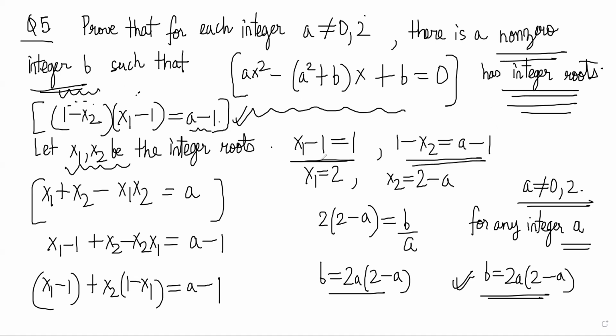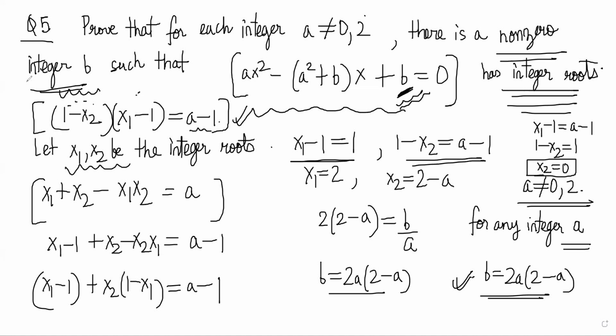But in that case, 1 minus x2 is 1 would give us x2 is 0. So if x2 is 0, that is a root, then b will be 0. So that second case is not allowed. I hope you follow why the second case is not working. If x1 minus 1 is a minus 1 and 1 minus x2 is equal to 1, then x2 is 0, and if 0 is a root, then automatically the constant term of the quadratic must be 0.